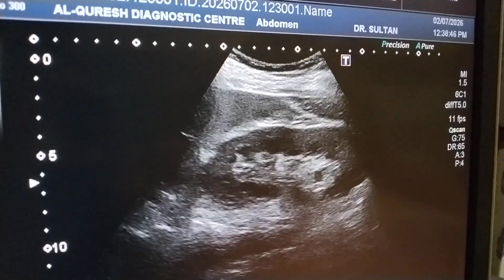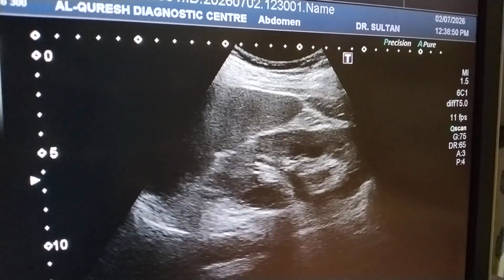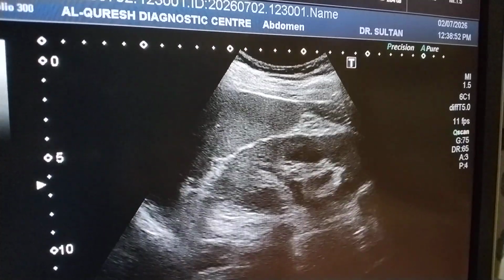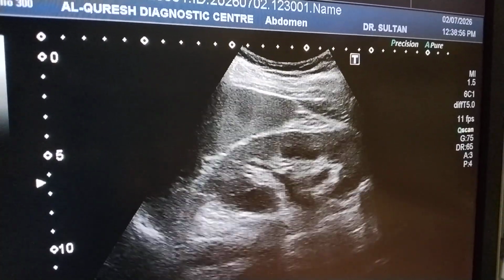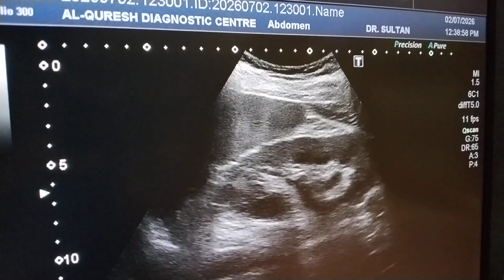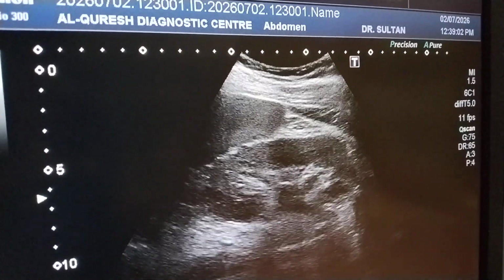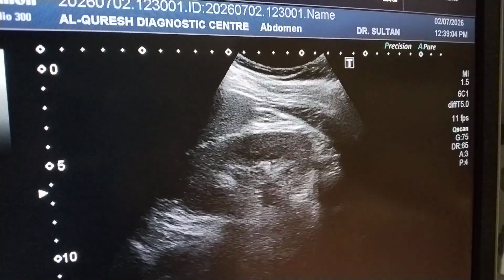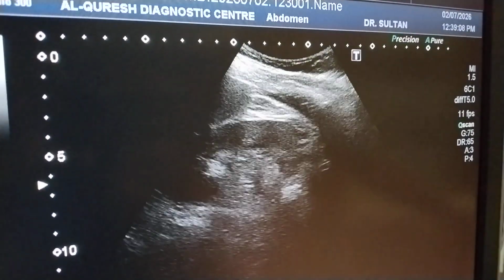So first we should locate the left kidney and renal pelvis. When we have located the renal pelvis, then in the same decubitus position, just drag the probe to see the pelvic-ureteric junction.